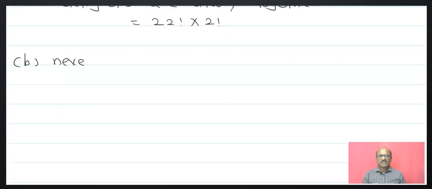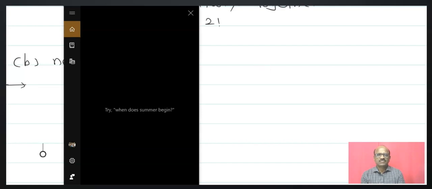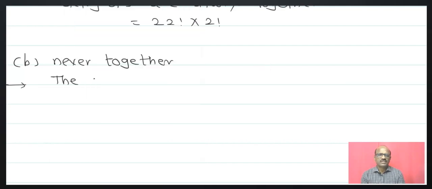Now the B part is an easy one. Now we'll subtract here, that is, never together. First we consider the 24 delegates, and they can be arranged in 23 factorial ways, that is 24 minus 1 factorial.